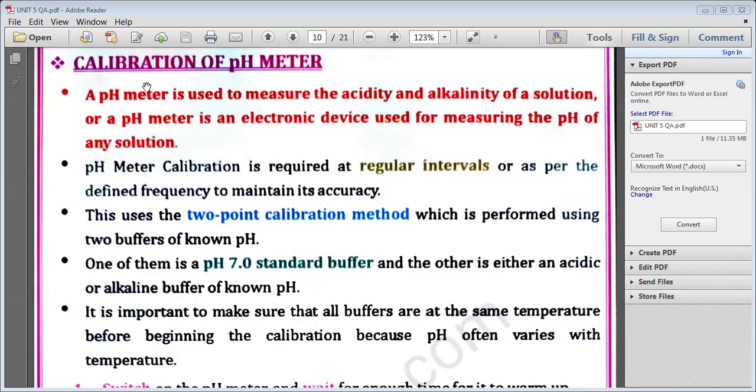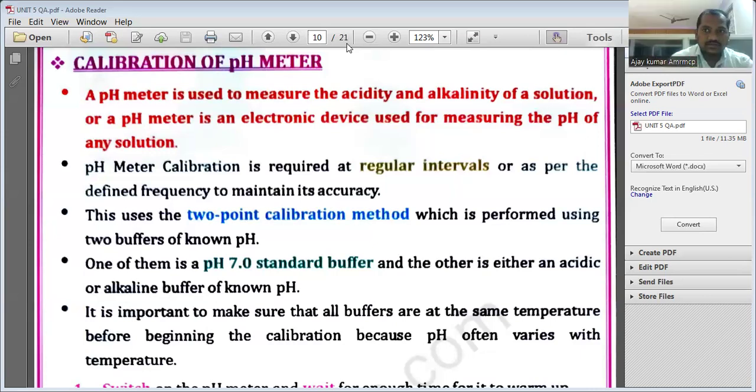And without calibration in the pharmaceutical industries, no activity is performed. We can't even use any kind of equipment for measuring different values such as moisture content, pH, or weight, or specific optical rotation.